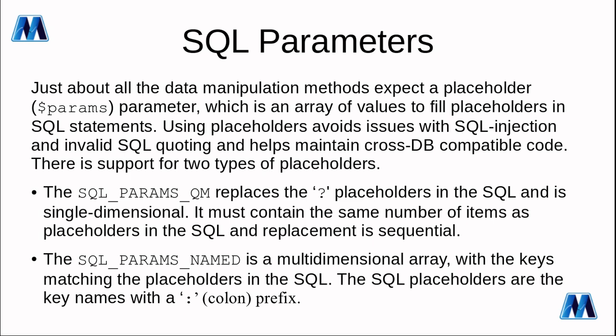Then the other one is the SQL_PARAMS_NAMED version of it, which is a multi-dimensional array with the keys matching the placeholders in the SQL. And the placeholders in the SQL are the key names with a colon prefix.